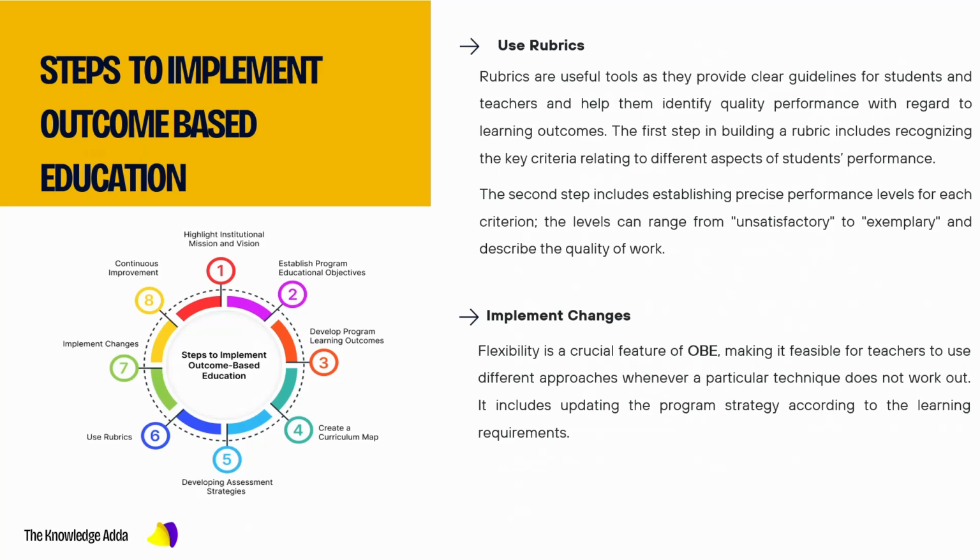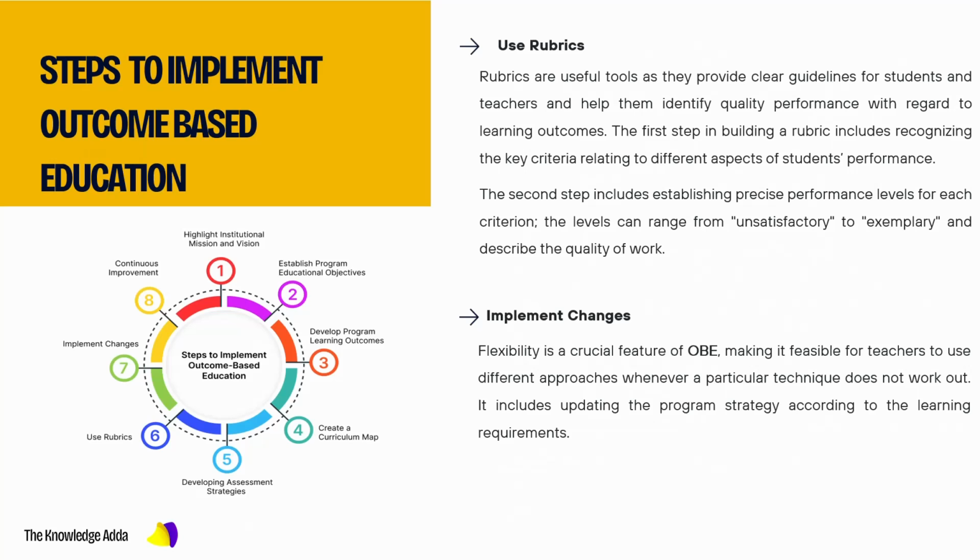Sixth is using rubrics. So basically, by using rubrics, we can measure the program outcome and course outcome, and also we can identify how many students are attaining the level and how many students are not.